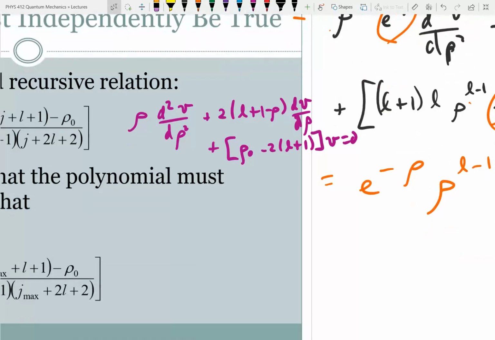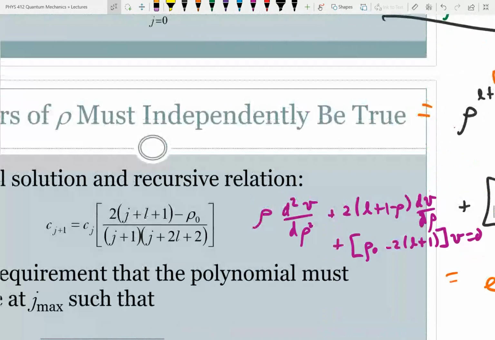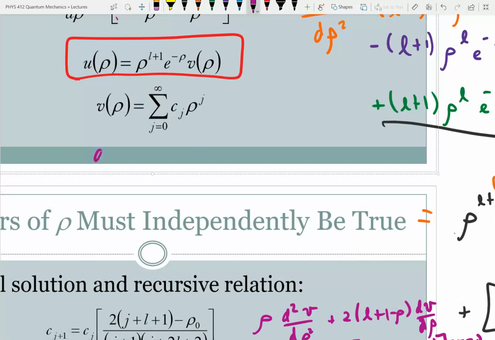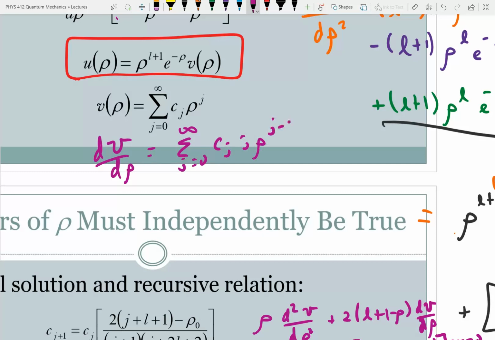And I say, okay, now we can take our V function right here, dV d rho is equal to that.